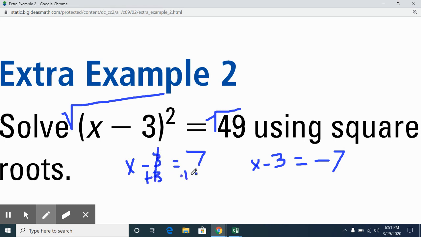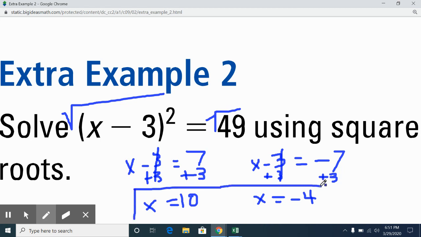Adding 3 to both sides gives me 10. Over here, adding 3, same concept, same way of solving, different answers. Adding 3 on this side gives me -4. Okay, so these down here are my solutions.